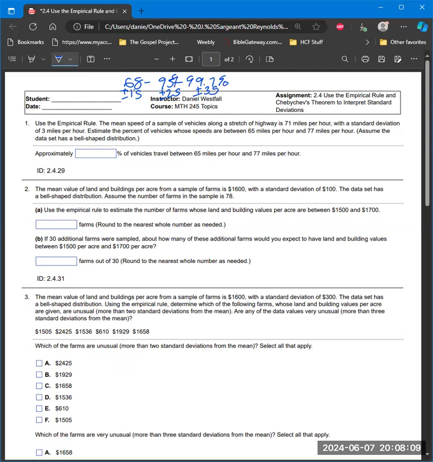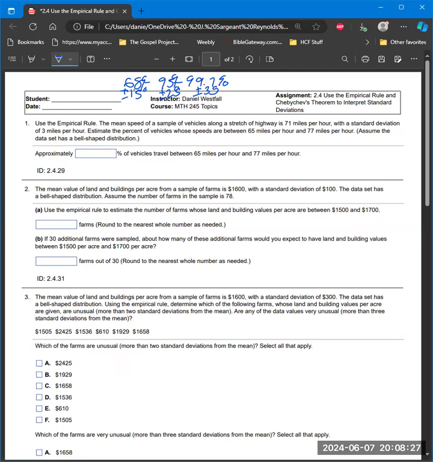These are all percentages of the data by observation. That's what empirical means, by experimentation and observation. So 1, 2, and 3 standard deviations away from the mean. So use the empirical rule.